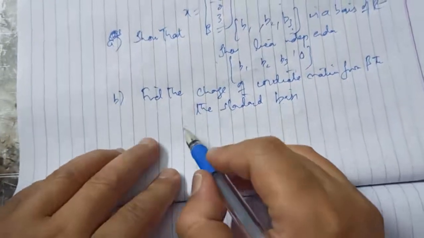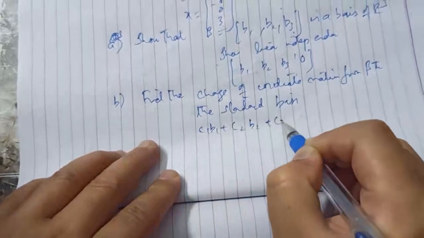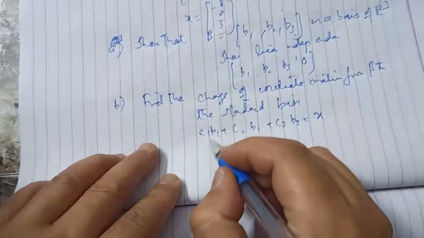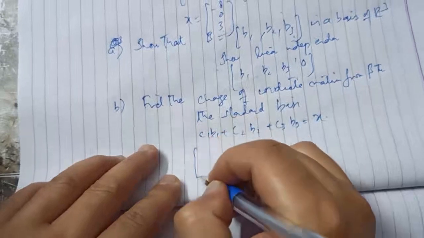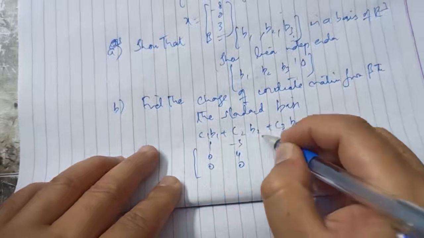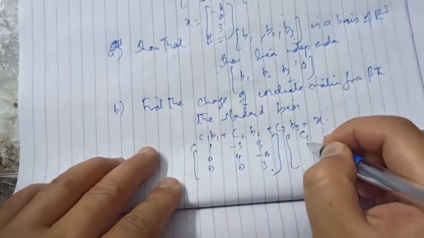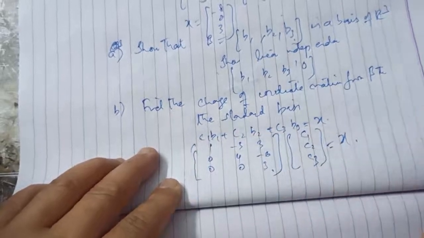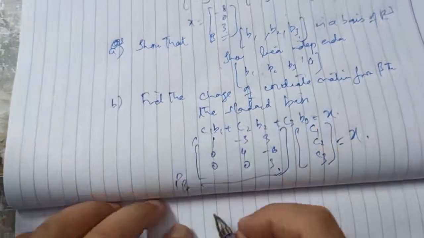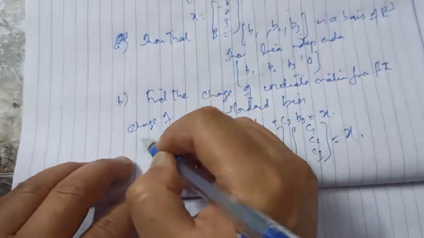We know that C1 times B1 plus C2 times B2 plus C3 times B3 should be equal to X, which leads to the equation with the matrix 1, 0, 0, -3, 4, 0, and 3, -6, 3, times C1, C2, and C3, equals X. So remember that this is P beta, the change of coordinate matrix.